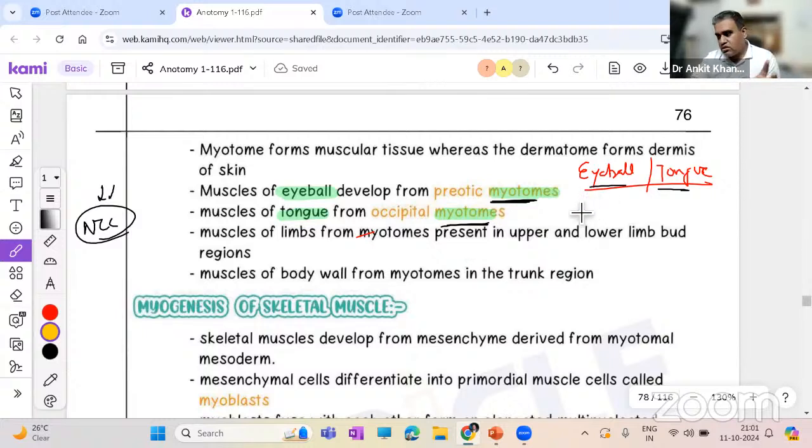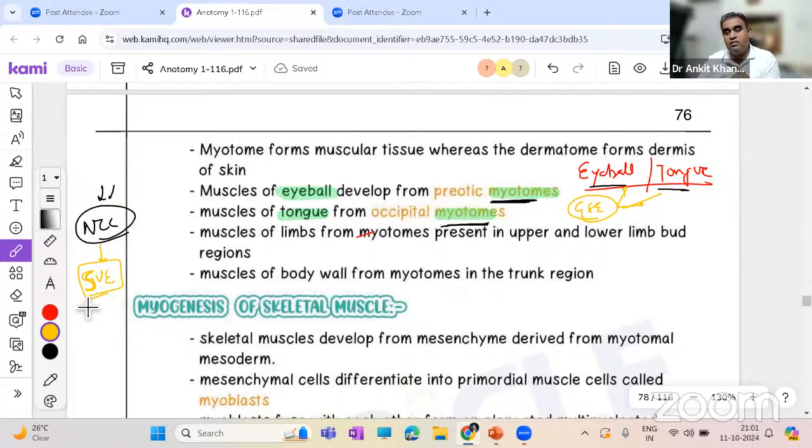Once you go into details of the neuro part, there is a group known as general somatic efferent for the head and neck. In the general somatic efferent, only the nerves supplying the eyeball and tongue will come. While for the neural crest derived muscles, we have special visceral efferent. So just remember this.